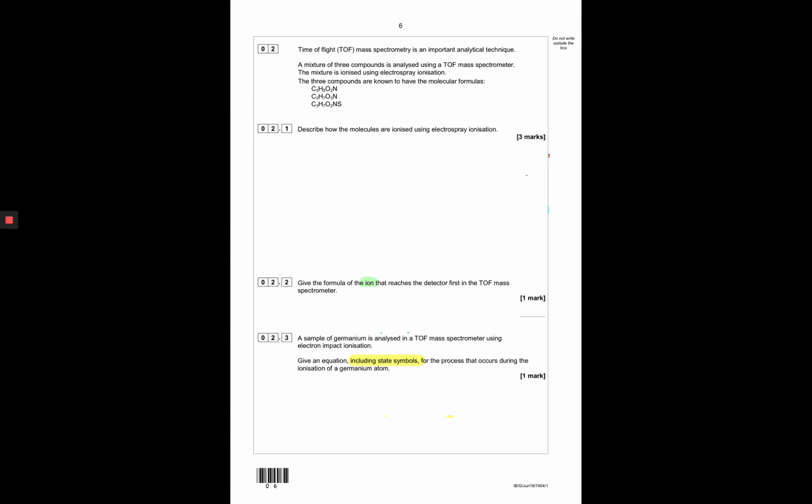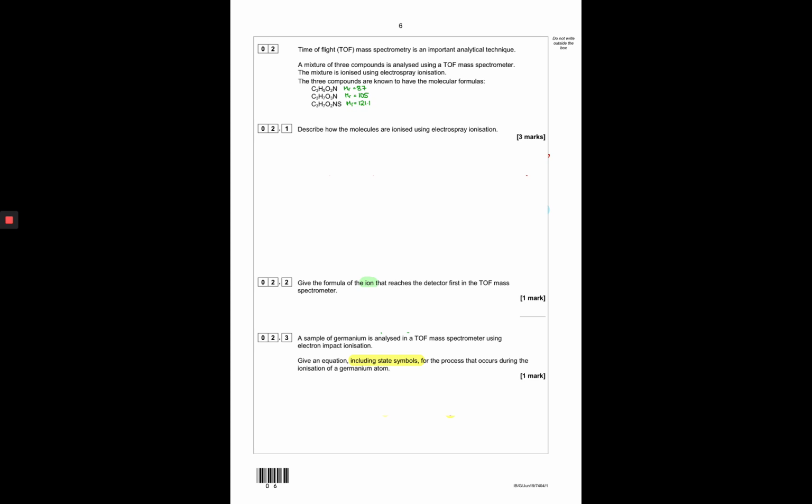We come to time of flight spectrometry, and they give us 3 compounds and their molecular formulas. You might not have time to do this in the exam, but for the purpose of this, I just worked out their Mrs. This was the first time they ever asked a question about ionization using electrospray ionization.